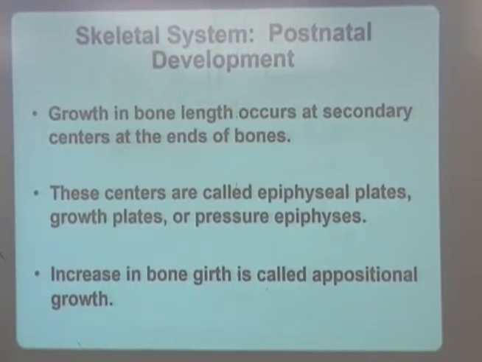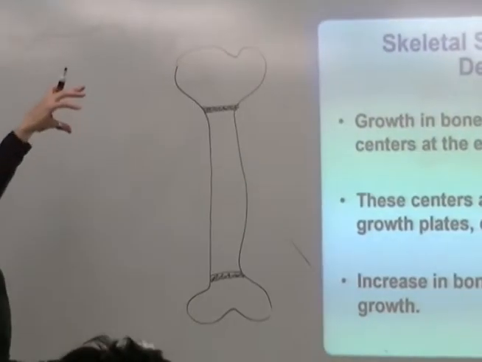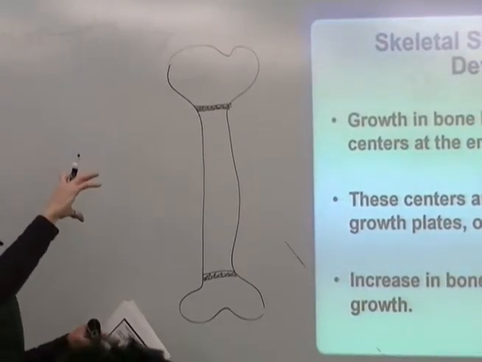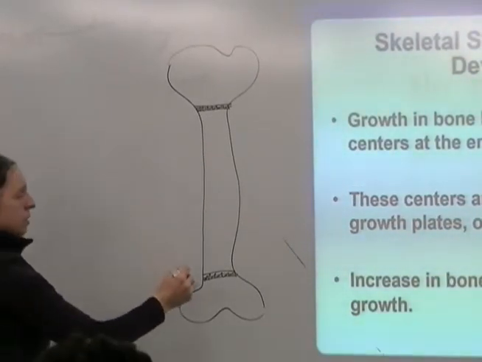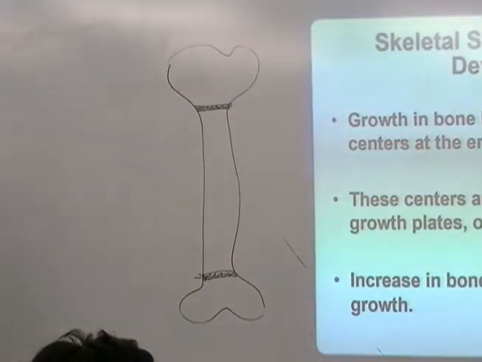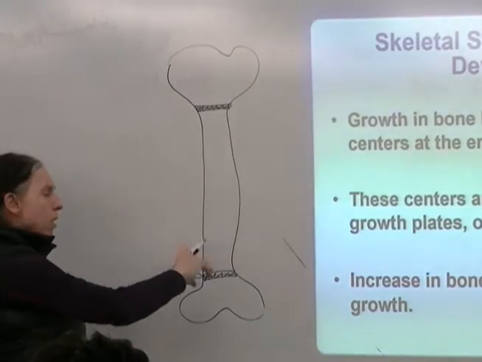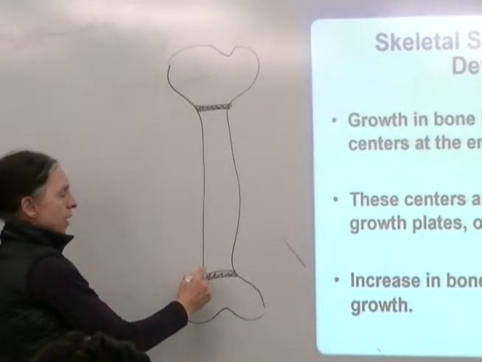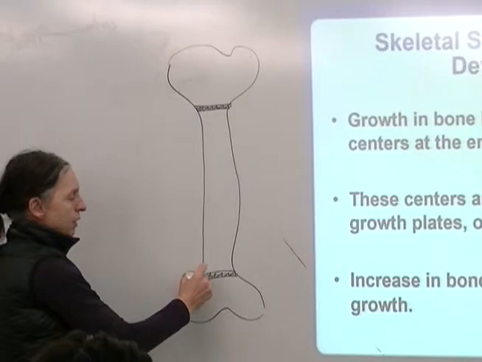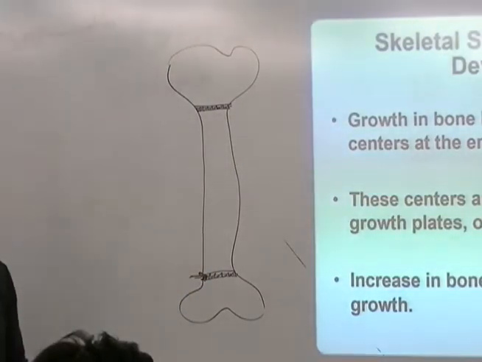And that's where my new bone cells get laid down, and that lengthens the shaft of the long bone. So this is my growth plate, epiphyseal plate, pressure epiphyses. If I apply more pressure, then on weight-bearing bones, we see more bone being laid down there.